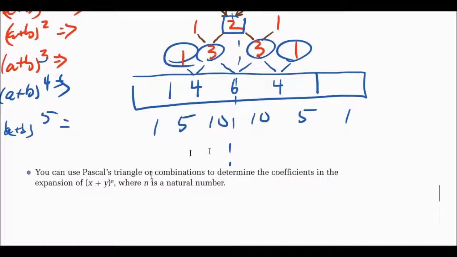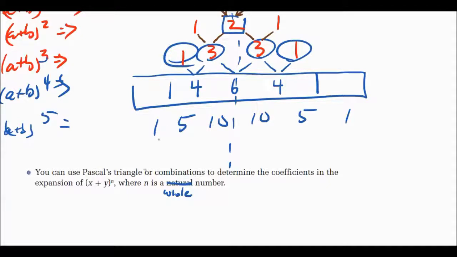Okay? n is a natural number, the lowest of which could technically be 0. Whole number really would be a better description, to tell you the truth, because we can do to the power of 0. So I'm just going to change that for now, because we can look at (a + b) to the power of 0, although it's part of the triangle.